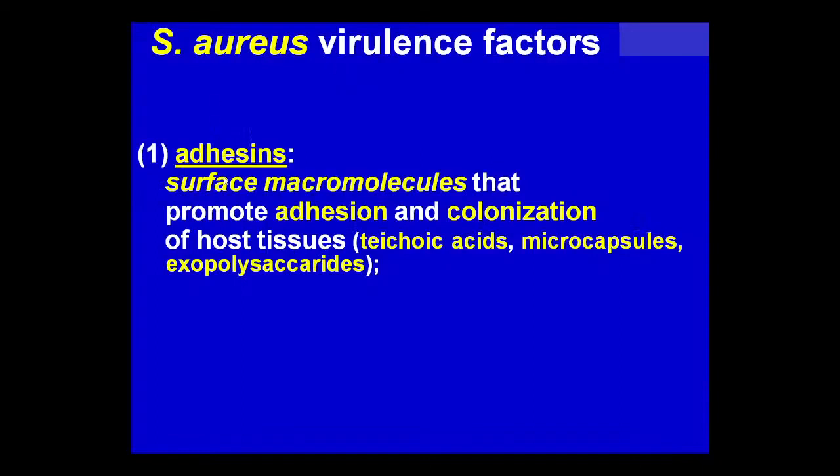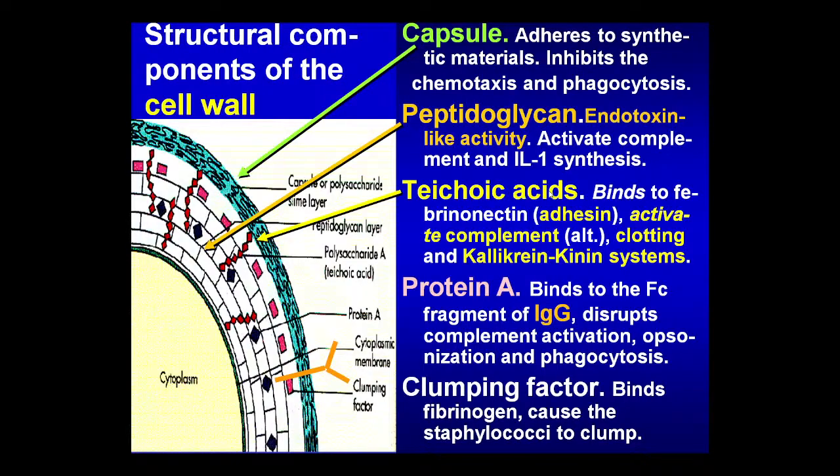Now let's take a look at some groups of the virulence factors. So we mentioned adhesins. These are surface macromolecules that promote adhesion and colonization. And we can see here some of them. The capsule or the capsule material is not really very heavy, but it has high adhesive properties to synthetic material and to the human cells also.